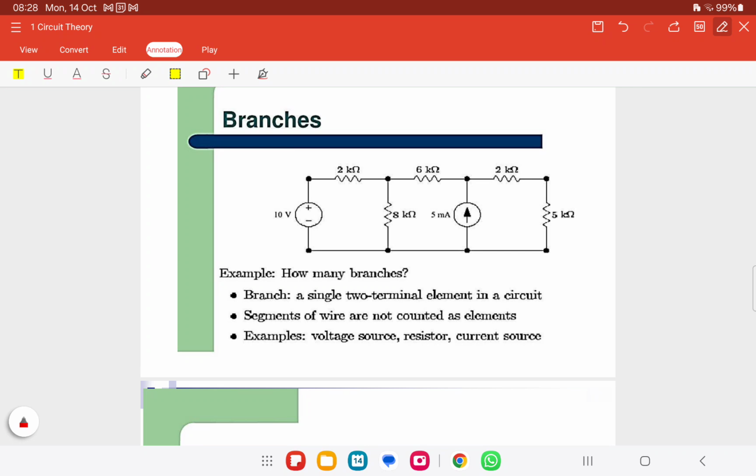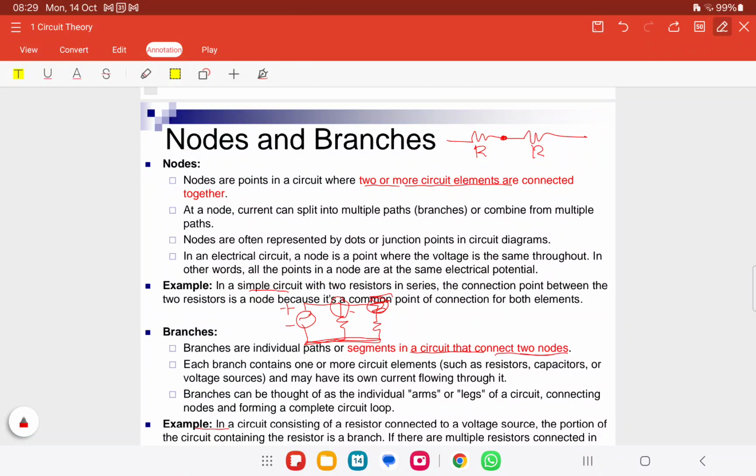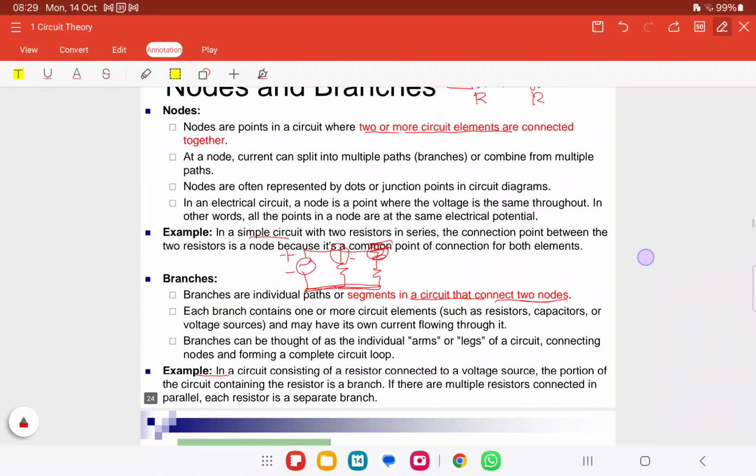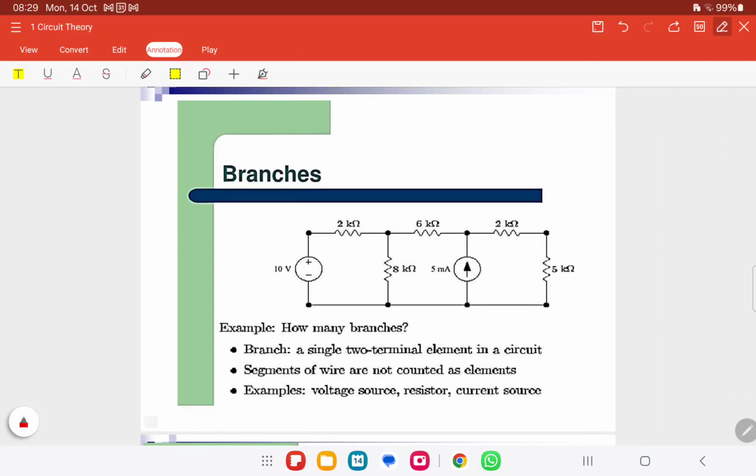Nodes first. How many nodes? Look here. So, how many branches?